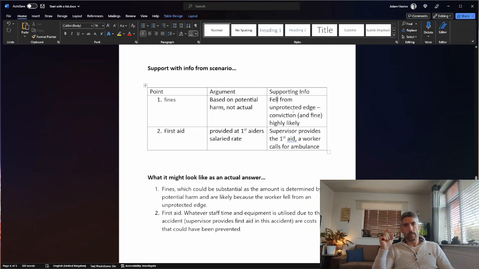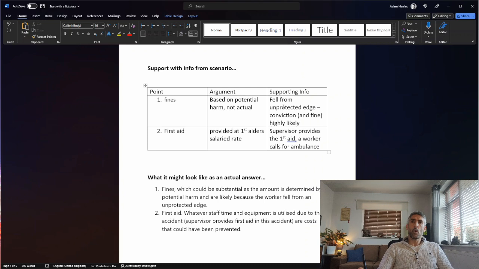That means that the fine is highly likely to occur, because the fact that there was an unprotected edge means that there's been a breach of health and safety legislation, either the Health and Safety at Work Act, or the Management of Health and Safety at Work regs, or, to make it more specific, the Work at Height Regulations. But there's clearly been a breach here, so a fine is highly likely to occur.